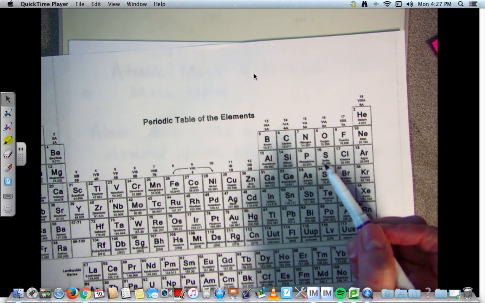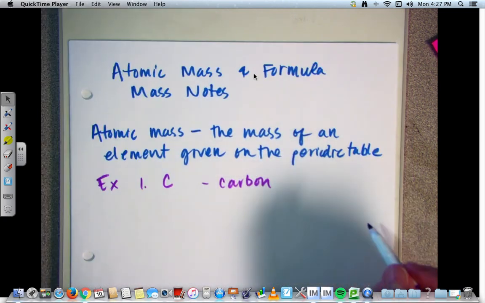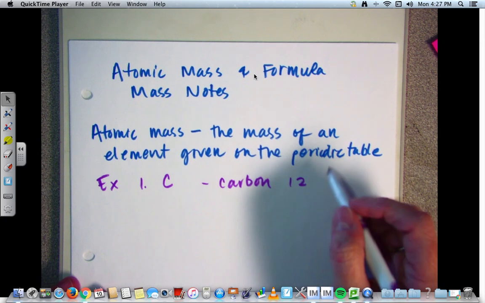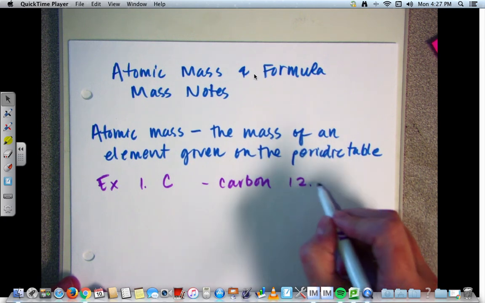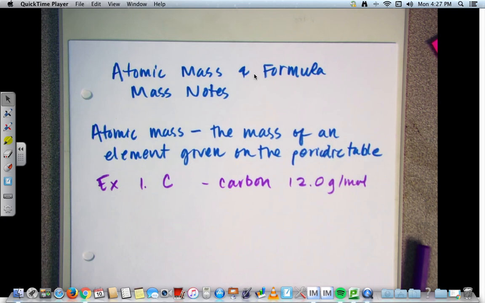Quite often we'll just use to the 10th position. So carbon, its atomic mass is 12.01 grams per mole. So we write 12.0 g/mol, because mol is our abbreviation for mole.